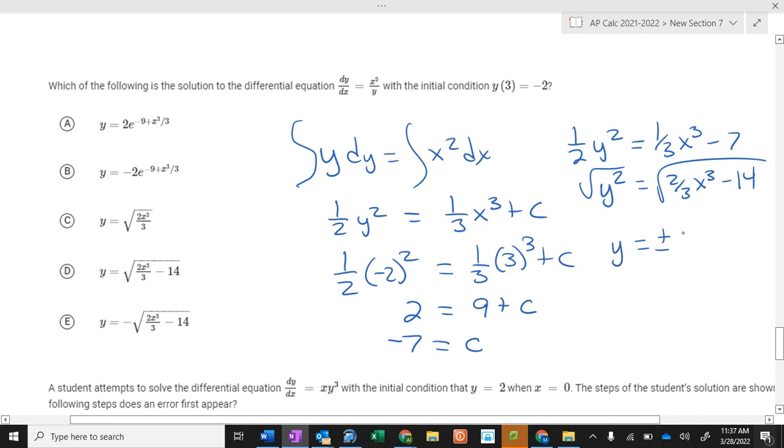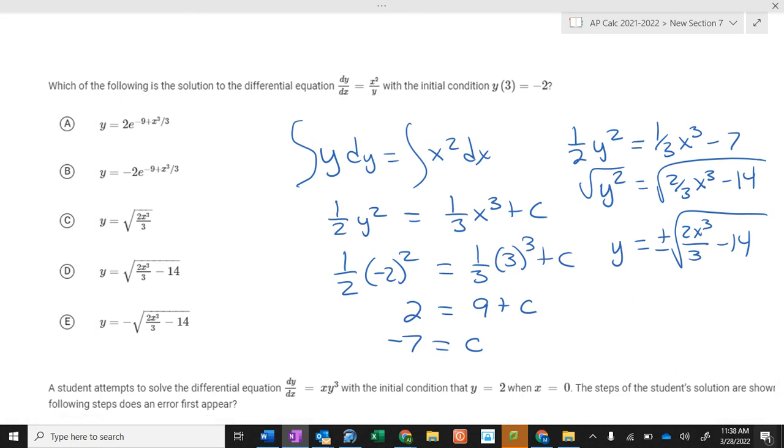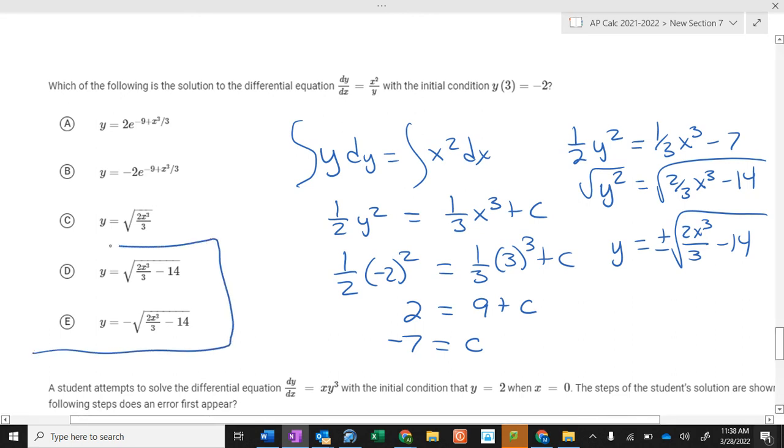It should be positive or negative. So which one is it? Which of the following is the solution? There's only one.